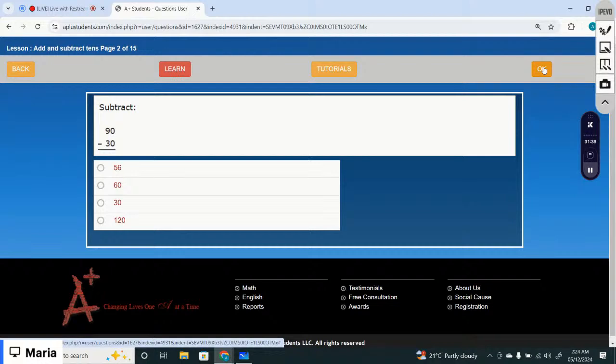Ninety minus 30. Zero minus 0 is 0 and 9 minus 3 is 6, that is 60. Option number 2 is the correct option.